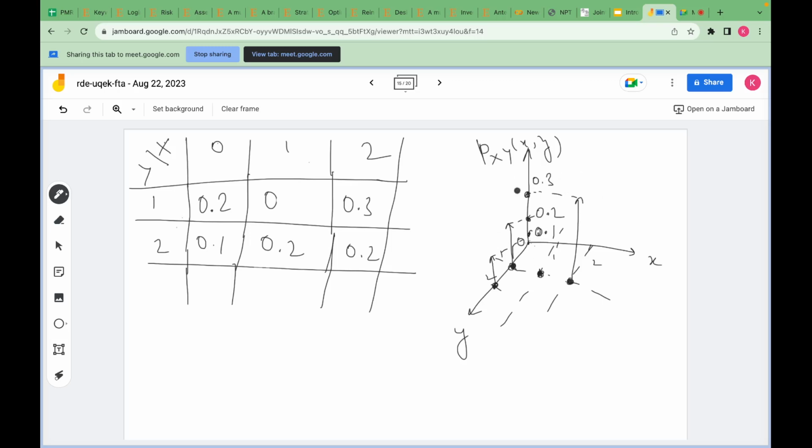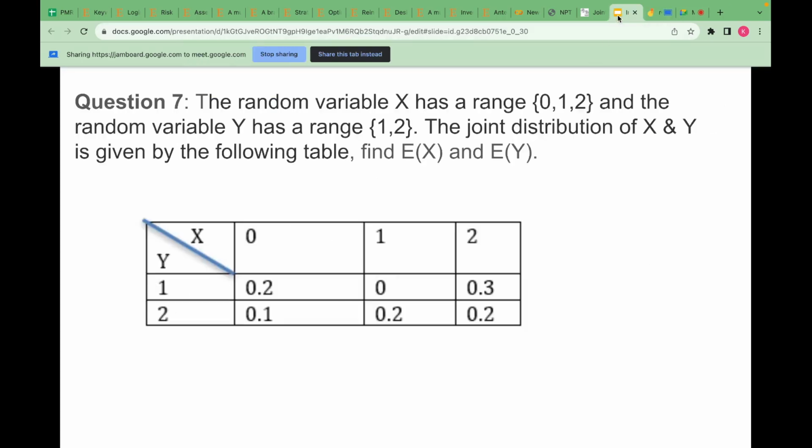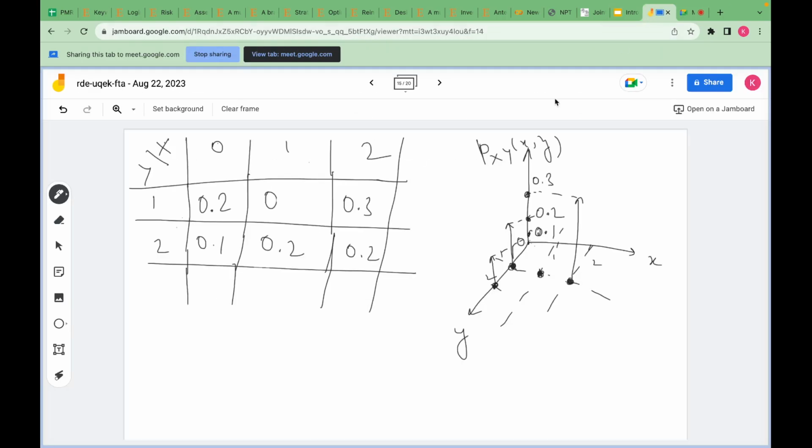I want to give you an idea of what this table is all about. This is saying how these two variables behave jointly. Now the question is to find the expectation of x and expectation of y.